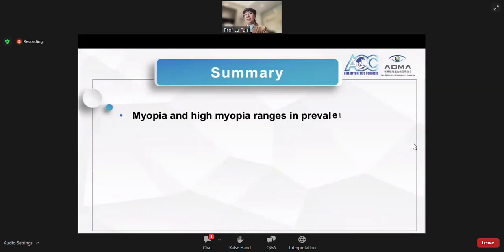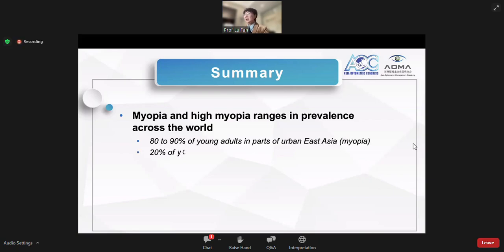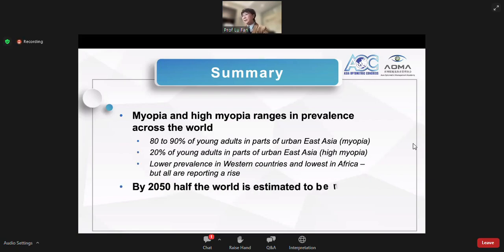Okay, summary. Myopia and high myopia range in prevalence across the world. It is a world challenge issue, but it is more significant in Asian countries. According to the research and the trend, we can predict that by 2050, half the world population is estimated to be myopic and 10% will be highly myopic.